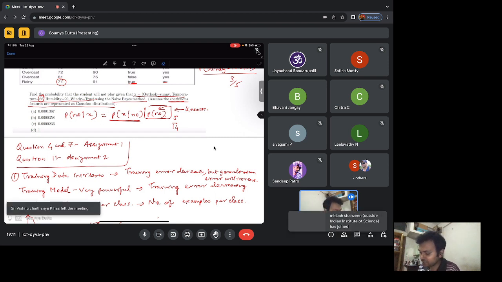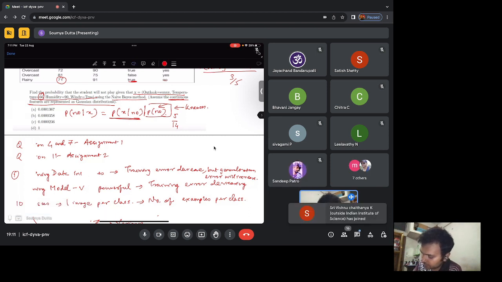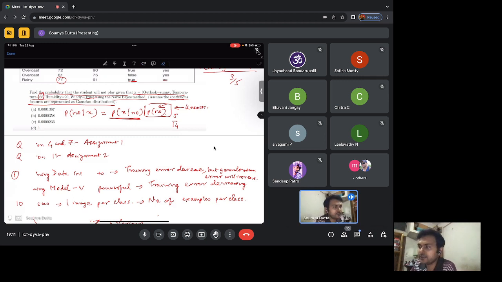So one thing I would suggest is, whenever you are asked to find the probability, you should always divide by the denominator and give the actual probability. If you are asked what the naive Bayes classifier will predict, in that case of course you don't need to divide by the probability.